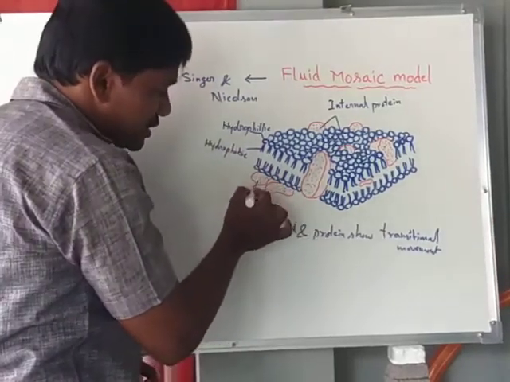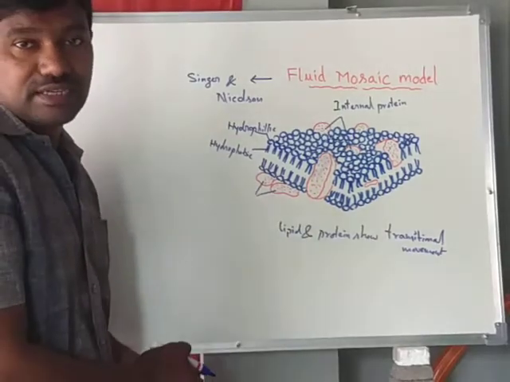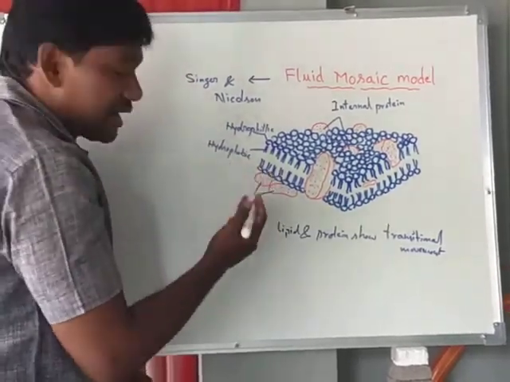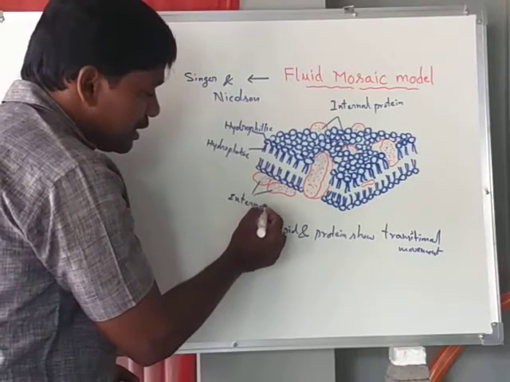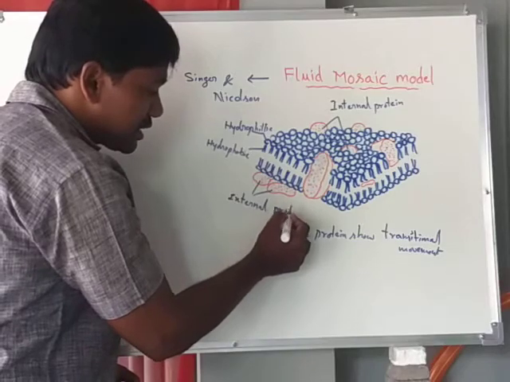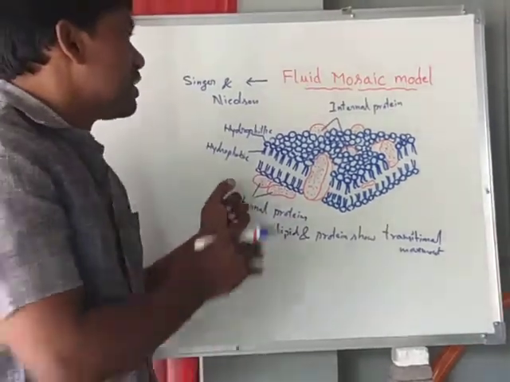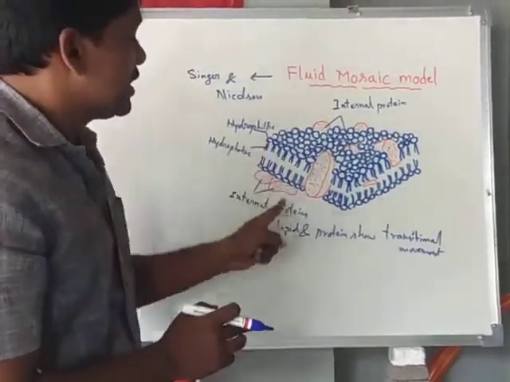Some proteins are external, present on the surface of the membrane. They are loosely packed, so they are called external proteins. This is generally the structure of the fluid mosaic model.